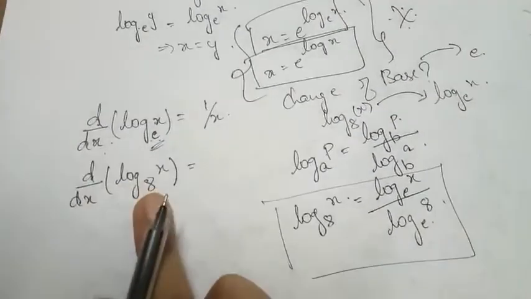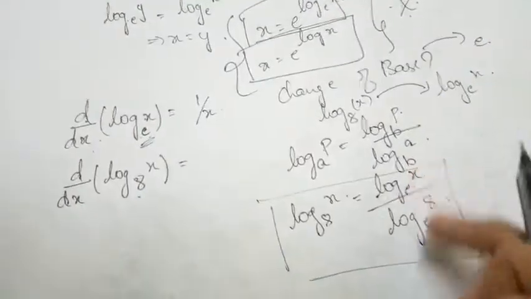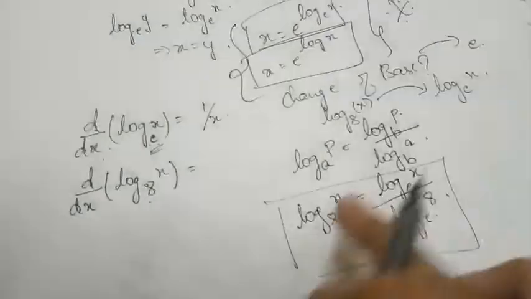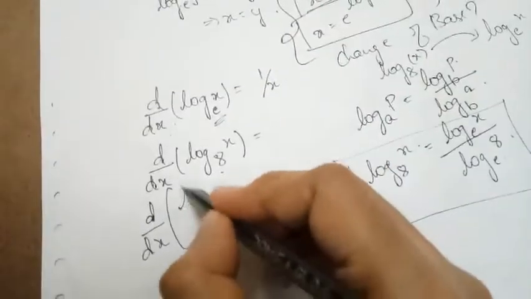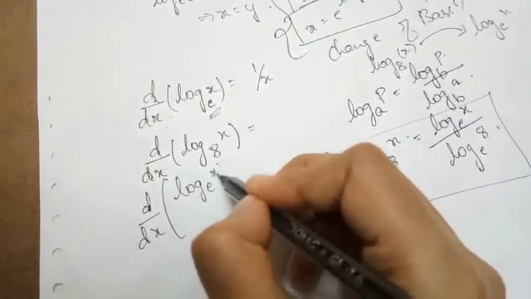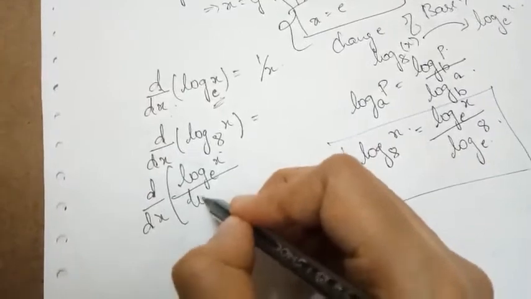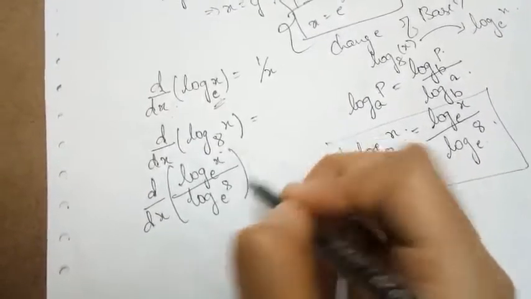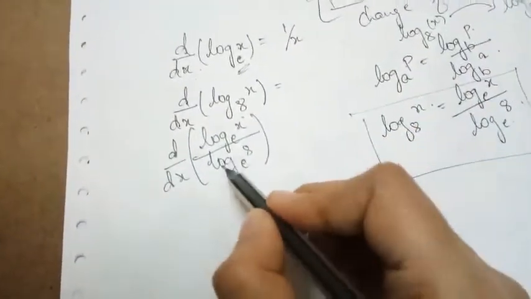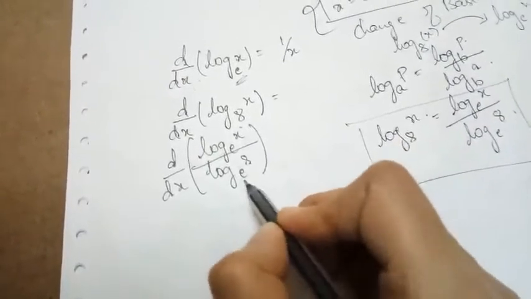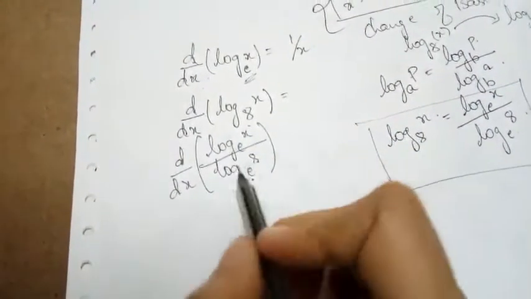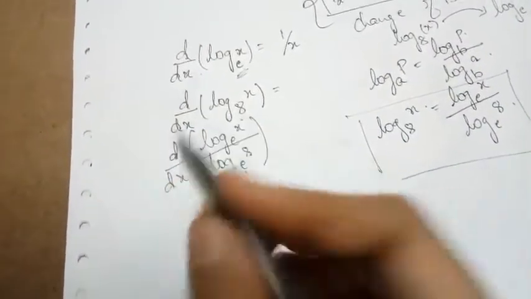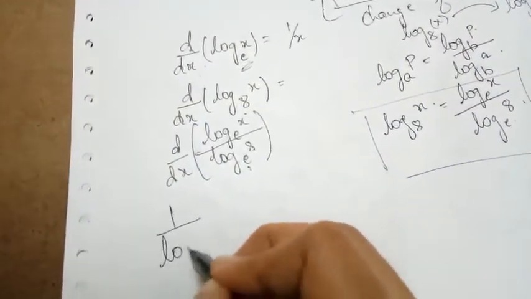Now we need to find the derivative. Log base 8 of x is nothing but this one. So what happens now? The derivative of d by dx of log base e of x divided by log base e of 8. Clearly log base e of 8, where e is the base which is a constant, and 8 is also a constant. So clearly log base e of 8 will be our constant.